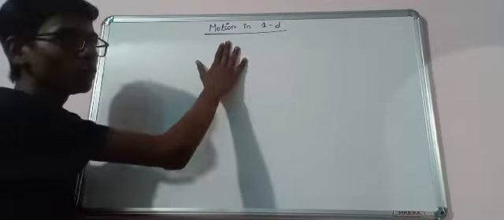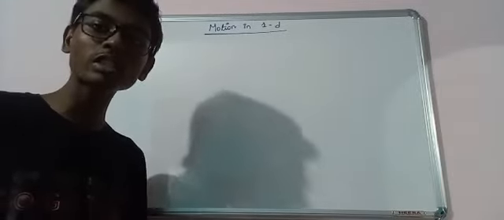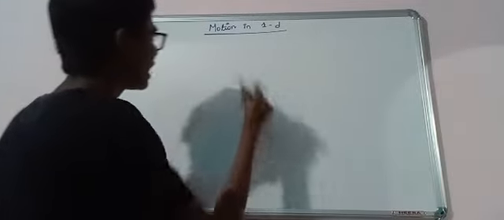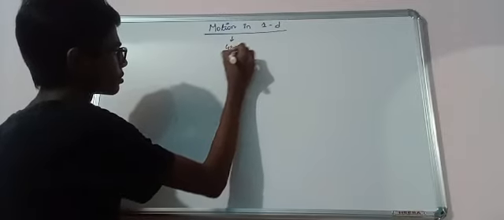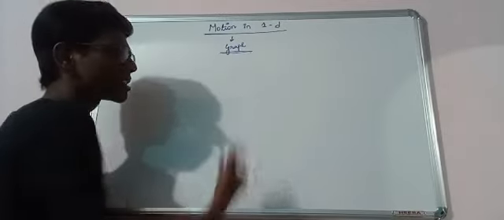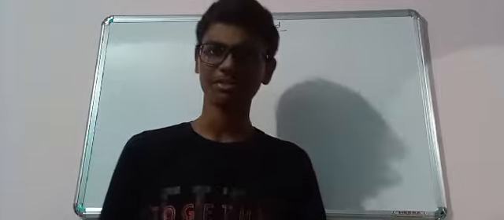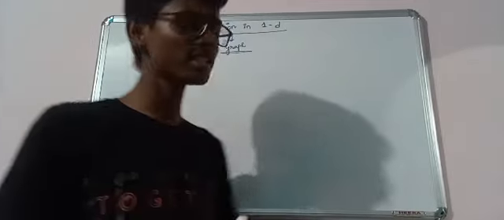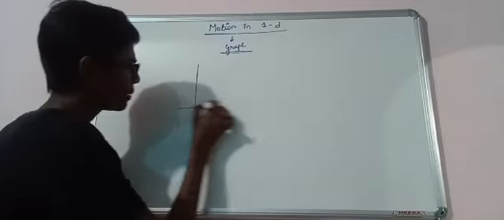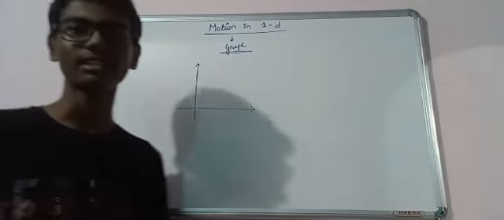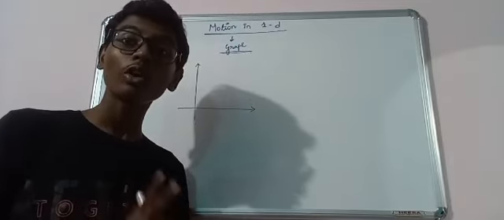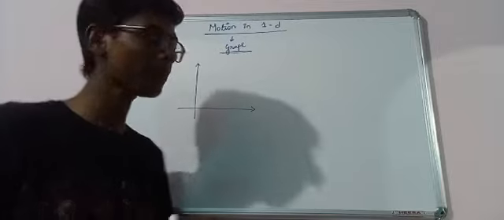So under the chapter motion in one dimension, the most important part that lies is none other than your graph. What is graph? Graph is something like this, where we have two axes. Okay?